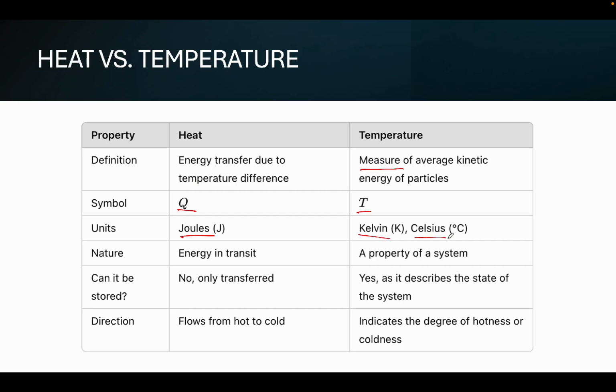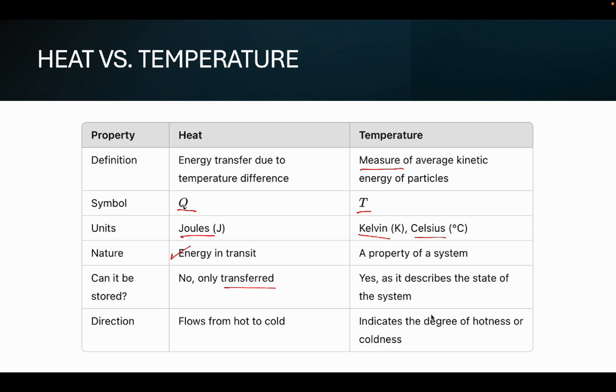And what is the nature? The nature of heat is energy in transit, whereas the nature of temperature is just a property of a system. Can it be stored? Heat cannot be stored, it can only be transferred from one system to another.